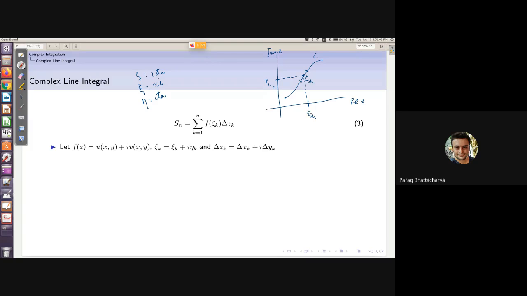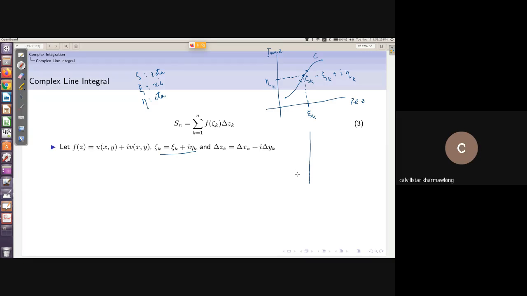The real part I call xi k, and the imaginary part I call eta k. So as a result, this zeta k can be written as xi k plus i into eta k, and that's what I have done over here. Is that clear to everyone? Yes, sir. Okay.